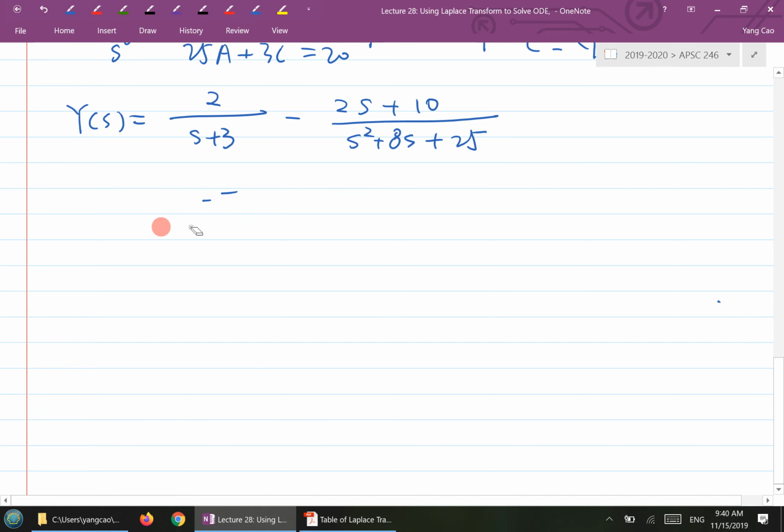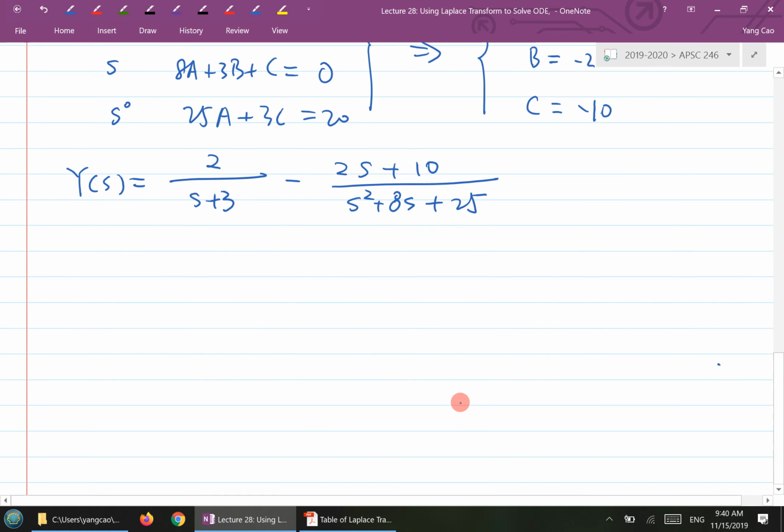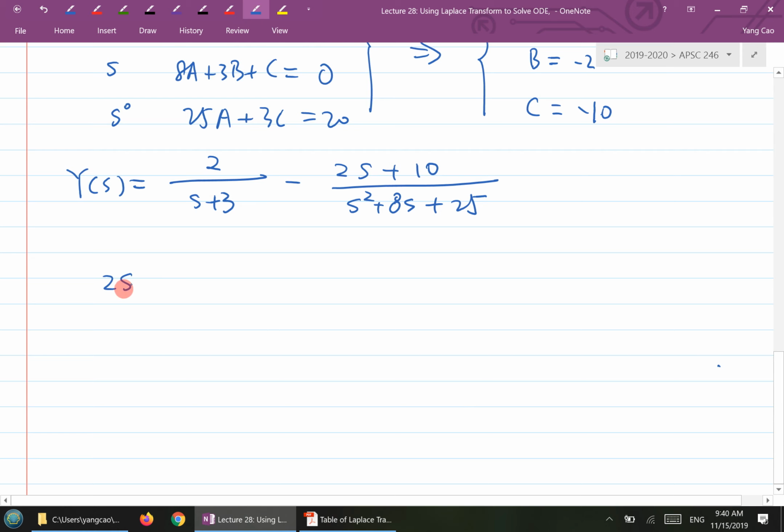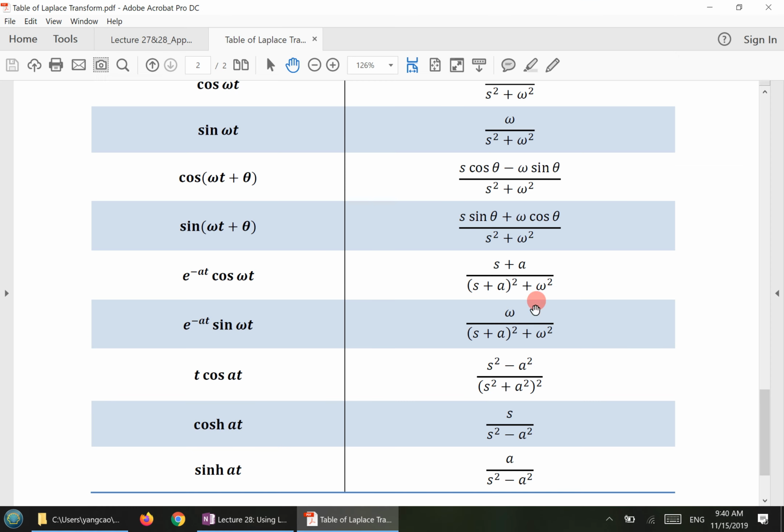So I'll single this term out: (2s+10)/(s²+8s+25). Remember what we want to do: rewrite this into this format.